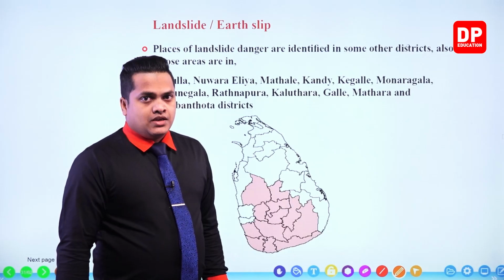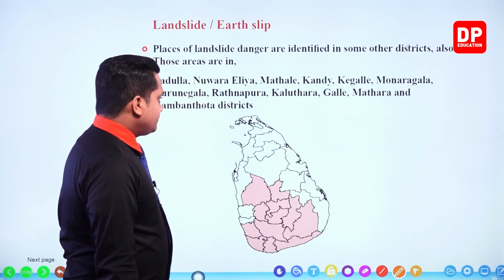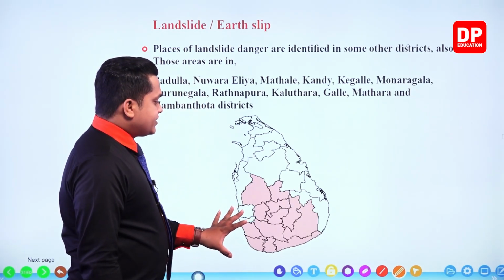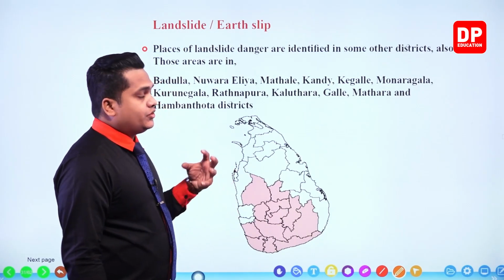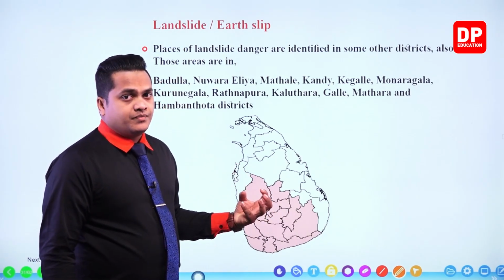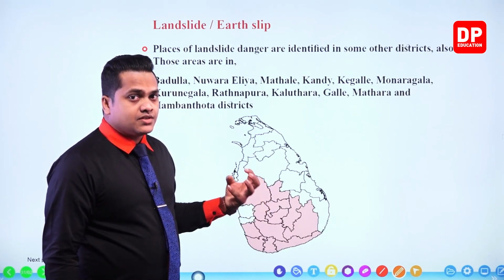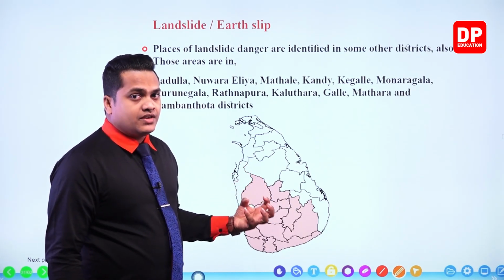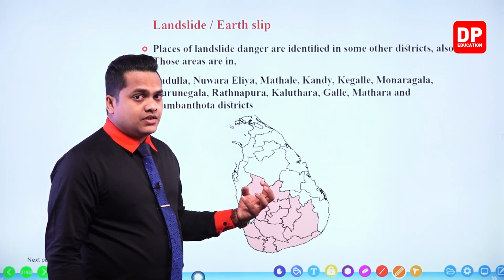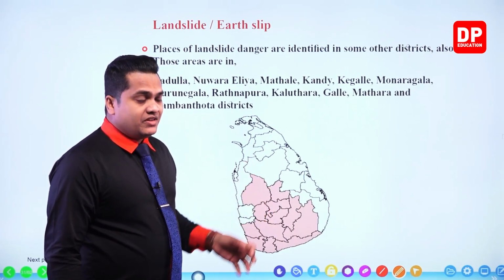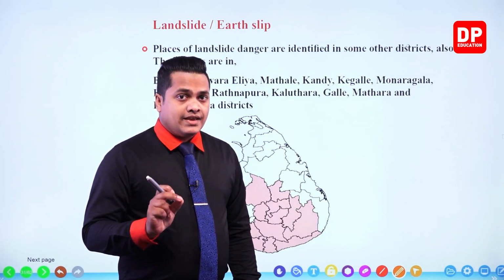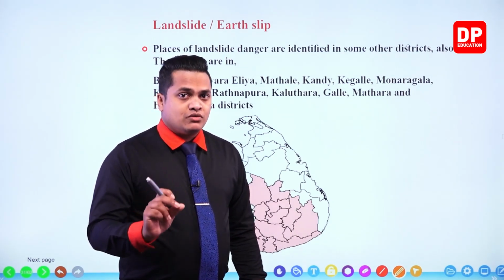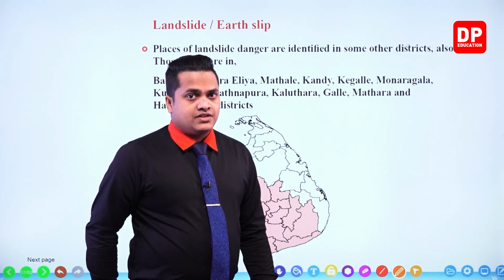Right then, these are the main districts that are going to face the danger of landslide. So, people who are living in these areas, somewhat closer to hilly areas, should be aware of the landslide situation.